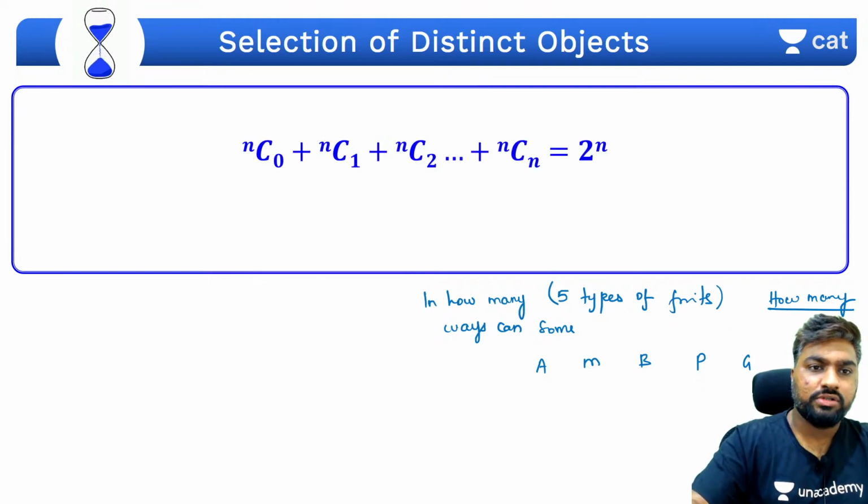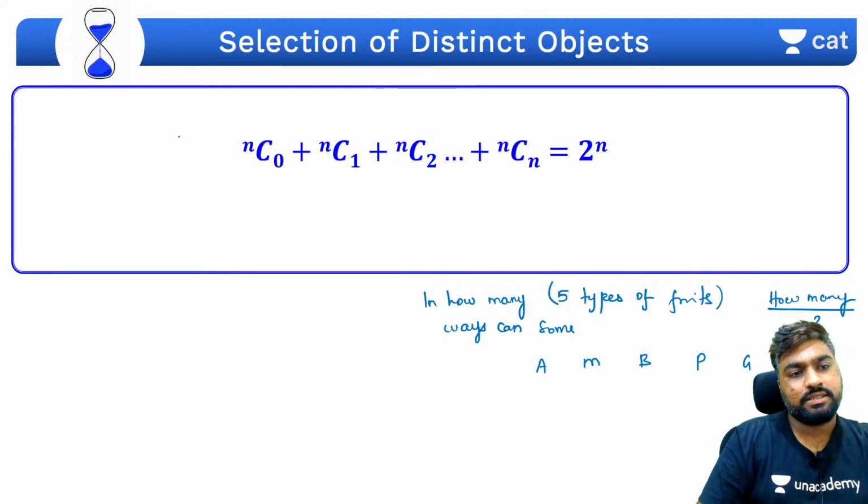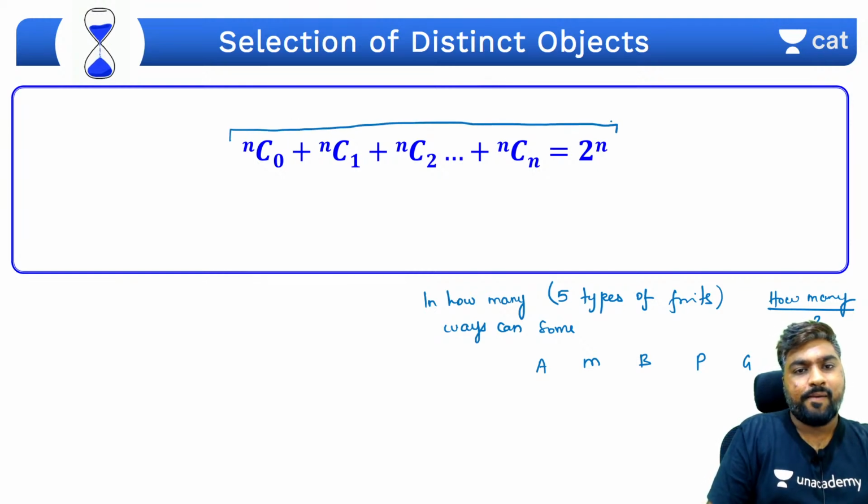This is where you use something called your, what is this? Can anyone say what is this? This is your binomial expression, binomial theorem, binomial expansion.